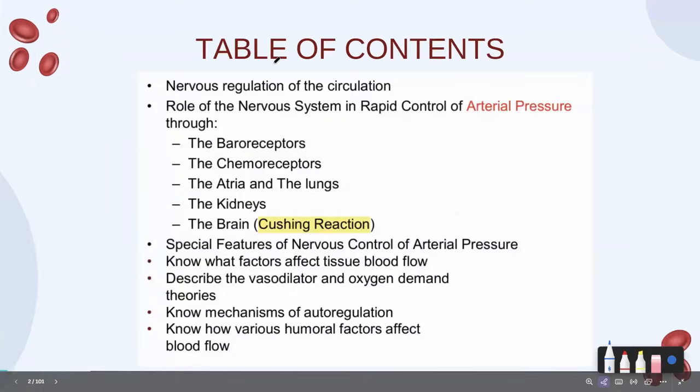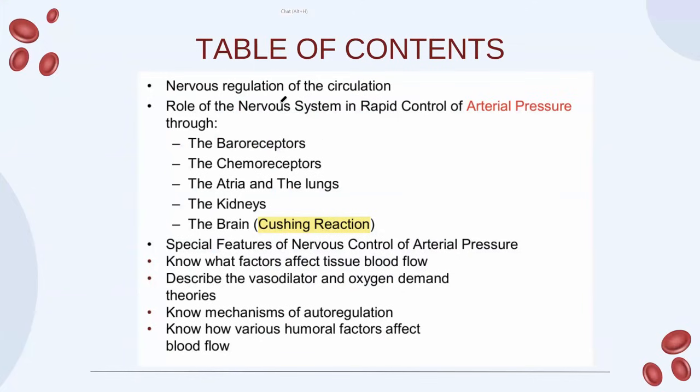Bismillah. This is a table of contents. So for nervous regulation, we have the rapid control of arterial pressure through the baroreceptors, the chemoreceptors, the atria and the lungs, the kidneys, the brain, which has something called the Cushing reaction.